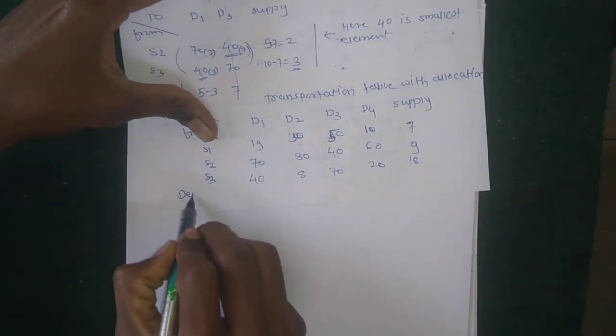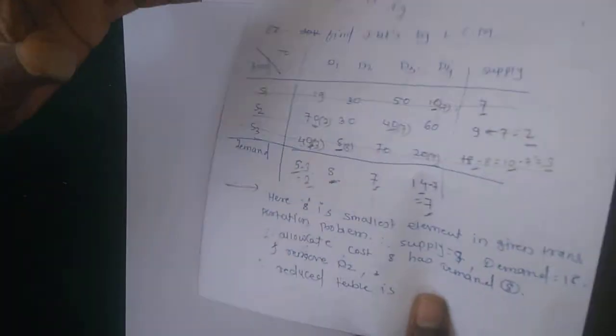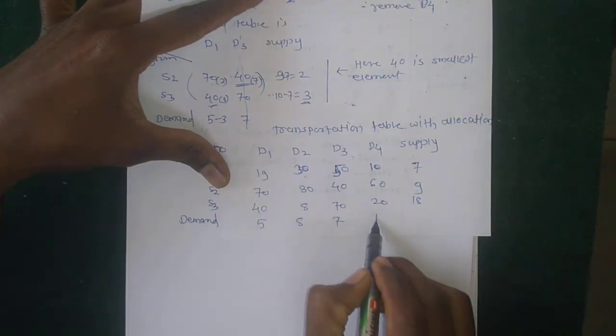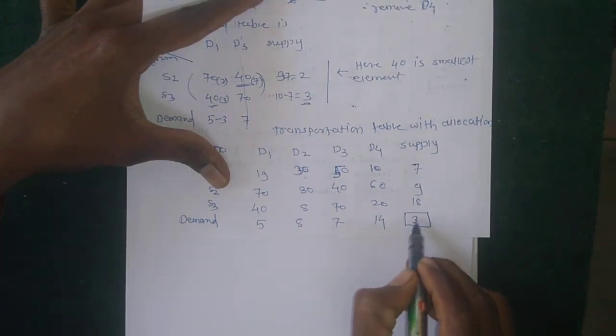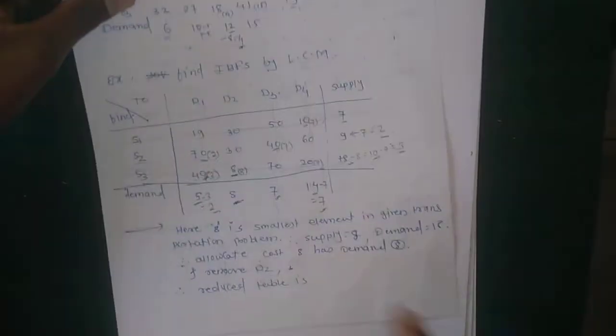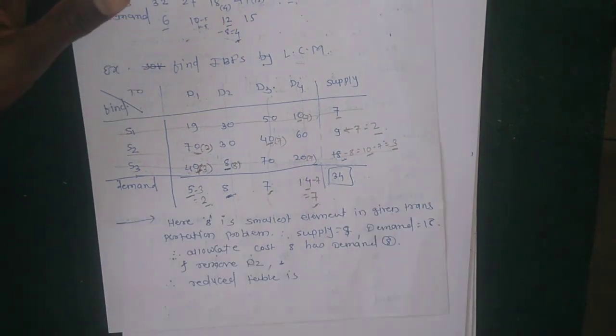And lastly the demand is 5, 8, 7 and 14. Total demand is equal to total supply, which is 24. Here also total supply is total demand. This is correct.